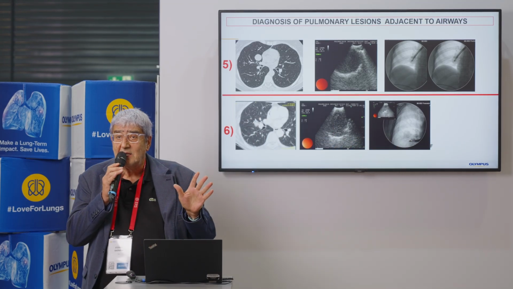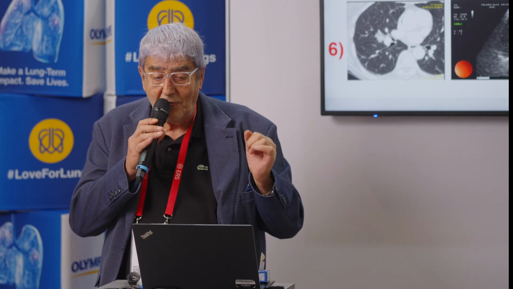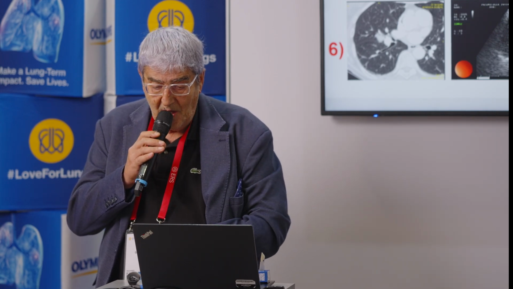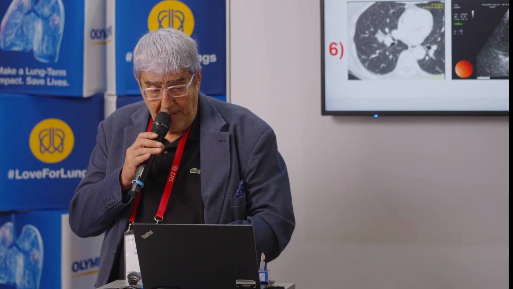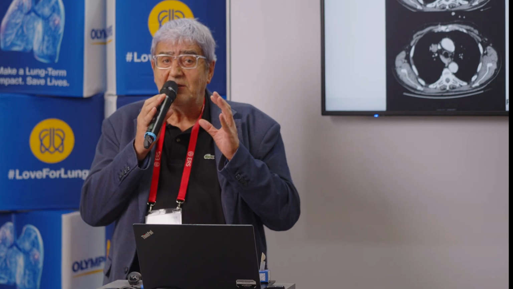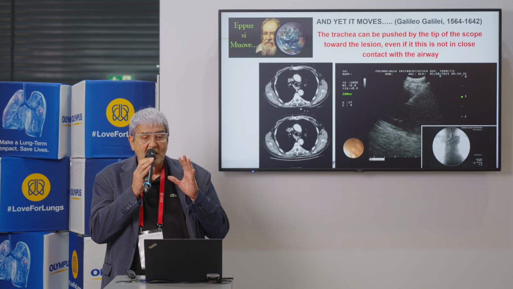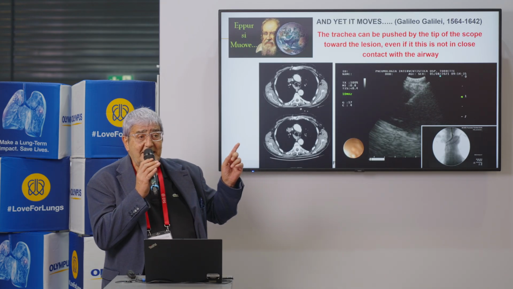Very easy diagnosis to perform under direct visualization. Adenocarcinoma, this is the sampling. Well, if the lesion is not in contact with the airways, you know that Galileo Galilei says, yet it moves.